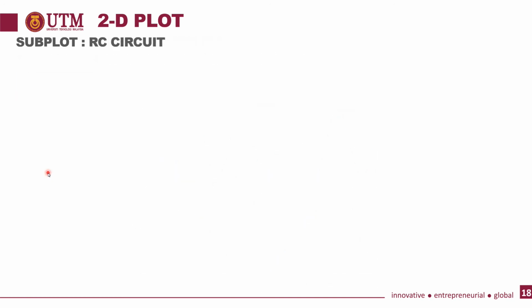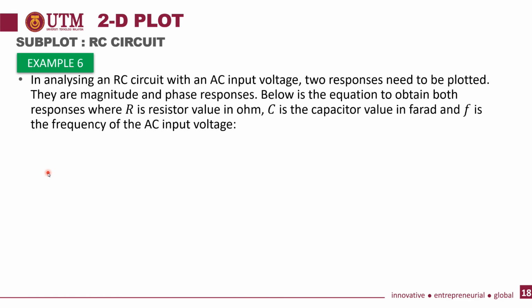Next is the example of subplot for an RC circuit. Let's take a look at example number 6. In analyzing an RC circuit with an AC input voltage, two responses need to be plotted: the magnitude and phase responses. Below are the equations to obtain both responses, where R is the resistor value in ohms, C is the capacitor value in farads, and f is the frequency of the AC input voltage.